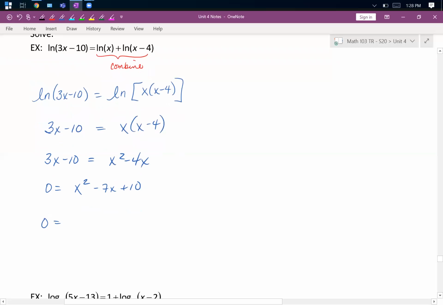X squared minus 7x plus 10 factors nicely. X minus 5 times x minus 2. Zero product property. We get x to be equal to 5 and x to be equal to 2.